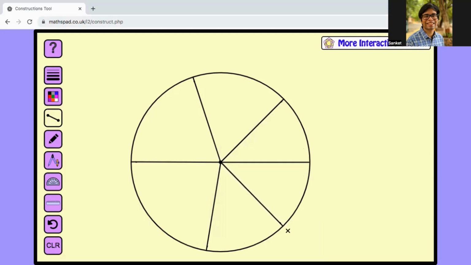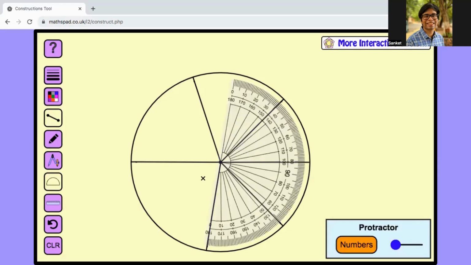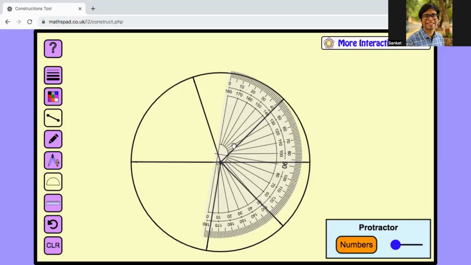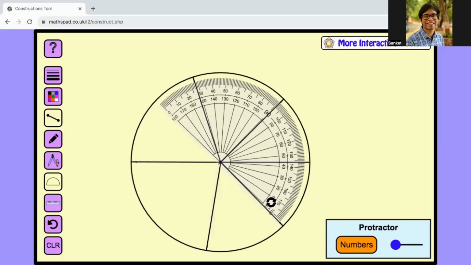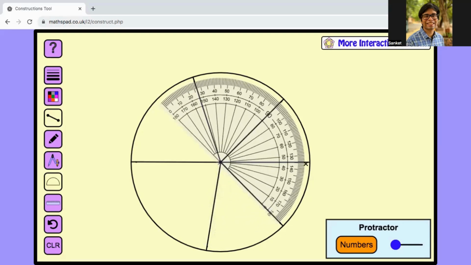Draw this radius. The remaining one should be 45 degrees. So if I align my protractor with this new radius, you can see that the remaining angle is exactly 45 degrees, which is for Hindi. That means my pie diagram is correct.